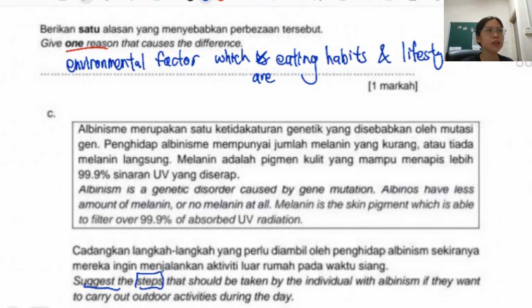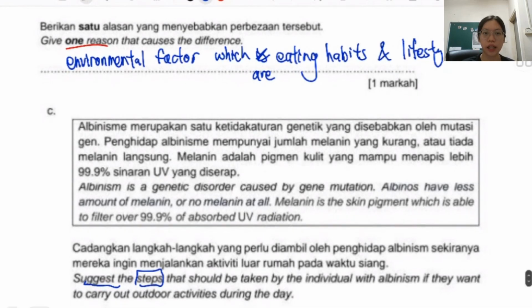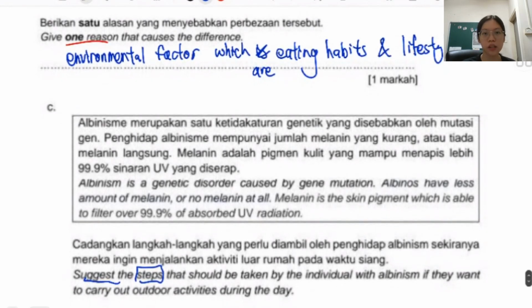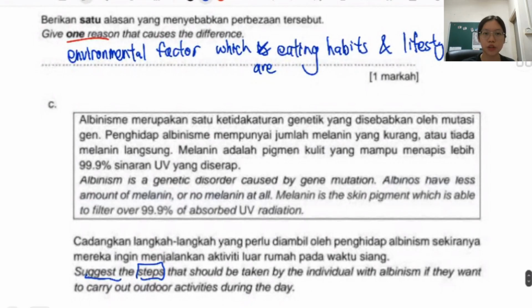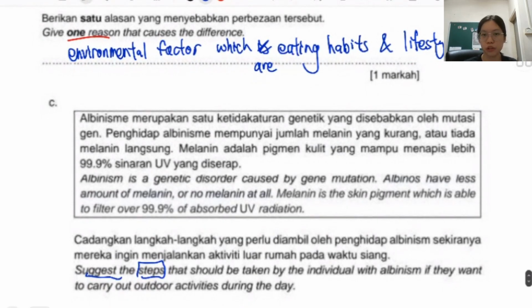So albinism, they produce super little melanin, or maybe even none. So these albino people are super white, very white. Albinism is a genetic disorder with a very small amount of melanin, so it can't filter the absorbed UV radiation.